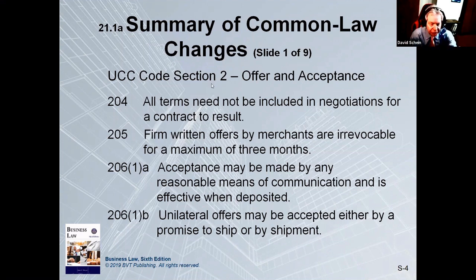Again, they're all under Uniform Commercial Code Section 2. Again, comparing it with common law. In common law, we want a comprehensive contract. Uniform Commercial Code says most of the terms are there and we can kind of figure the deal out. It's okay. Now, I want to underscore here right up front, this doesn't mean it's really okay.